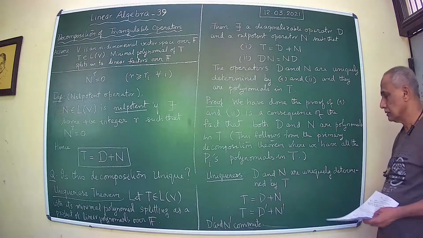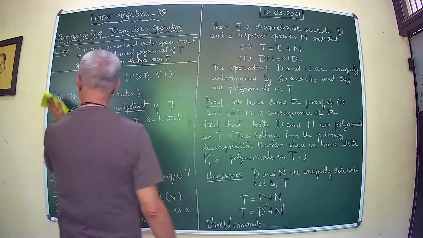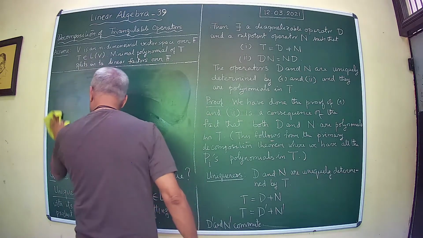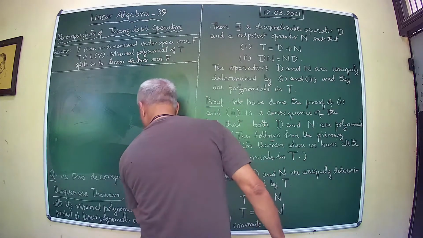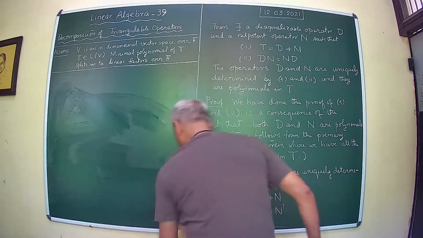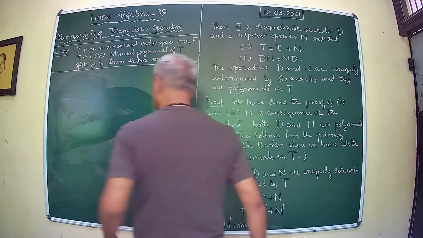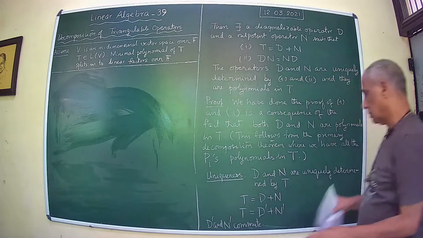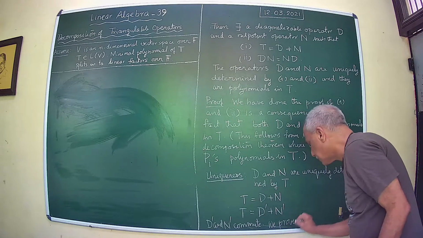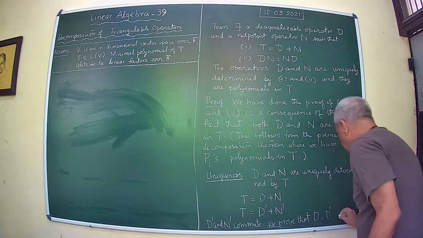So we show that D equals D prime and N equals N prime.